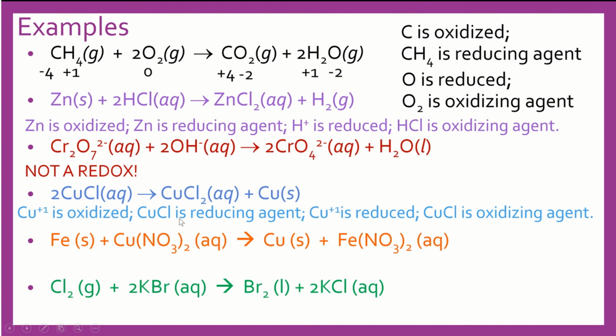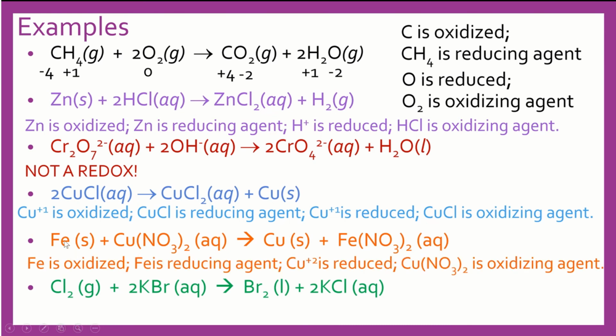We can say that copper chloride, or cuprous chloride, was the reducing agent, because it gave an electron and gained an electron. So it was both the oxidizing agent and the reducing agent. Although we only have one reactant, so I guess it would have to be both. That's a fun problem. Okay, let's take a look at iron and copper 2 nitrate.